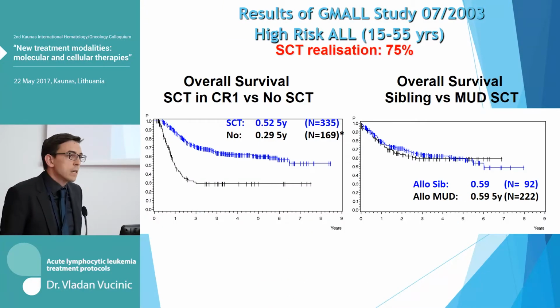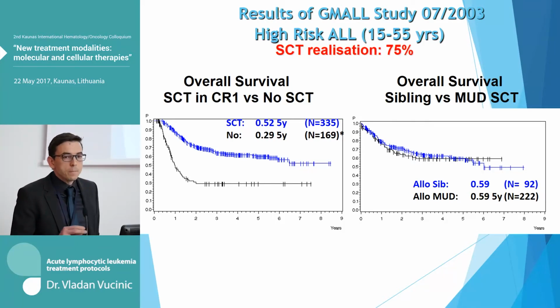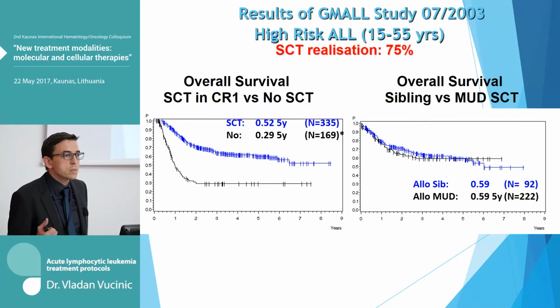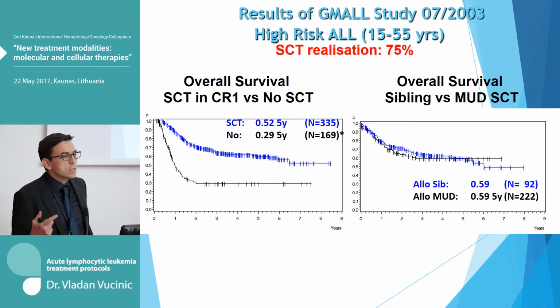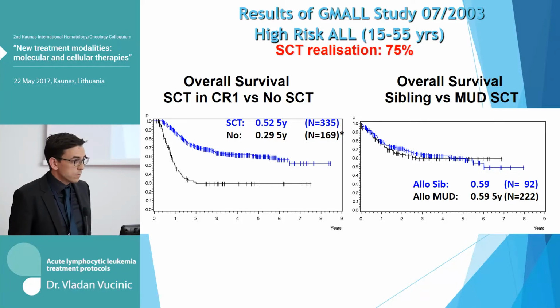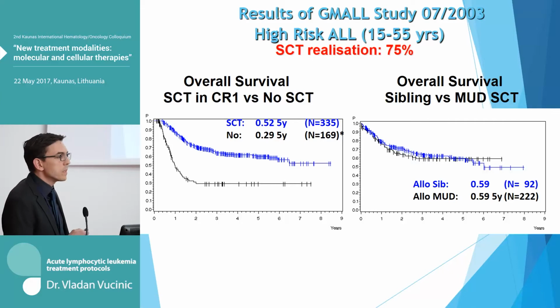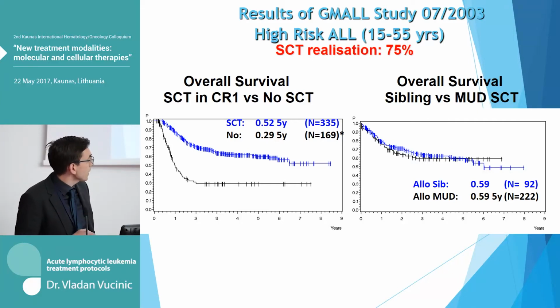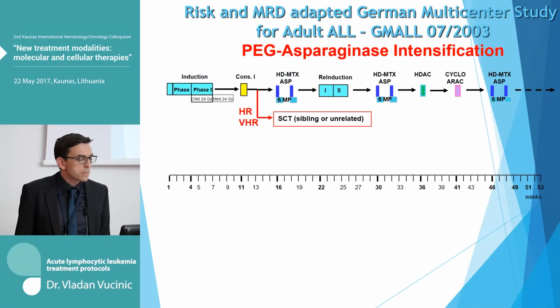We said at the beginning that allogeneic transplantation is indicated in high-risk patients or in patients who become MRD positive during the course of therapy. The prognosis of the patients who had an indication for transplantation is better, of course, in the transplant setting than in the non-transplant setting. In terms of donor, there is no significant difference.